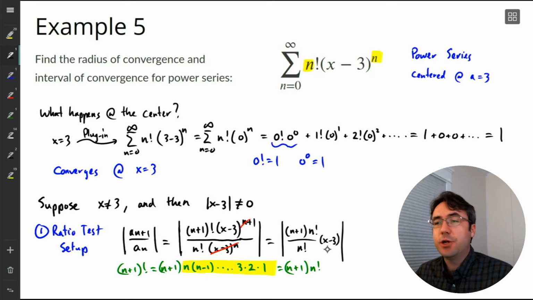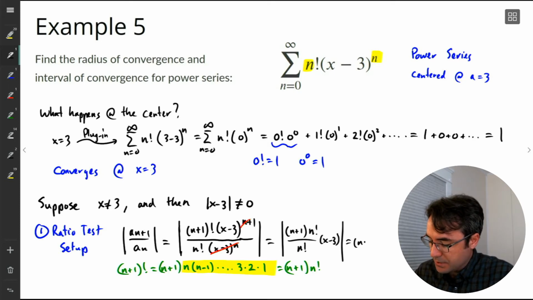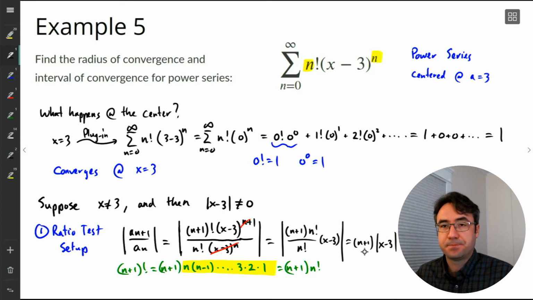The only thing that could be negative is this x term here, so the absolute value does have to stay on there. When we simplify this, we end up with n plus 1 times the absolute value of x minus 3. So there's the gadget that we're going to use for our ratio test, simplified down.